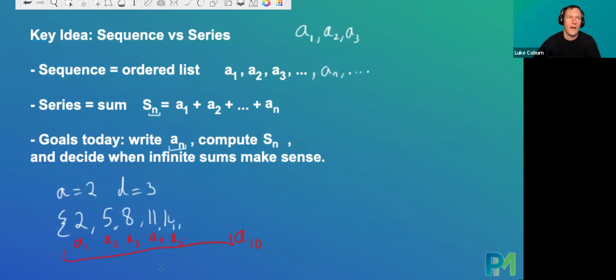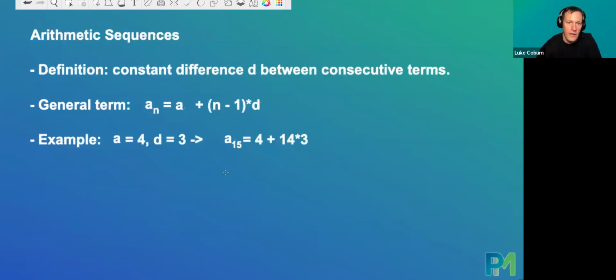We might want to know what happens after 20 days, so it would be nice to jump straight there, or find the sum to 20 days. Then the other thing is we're going to look at infinite sums, and we'll talk about that in a minute as well. Okay, so for the arithmetic sequence, this is a formula that's in the tables as well.